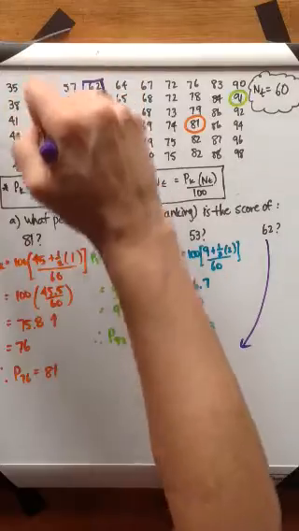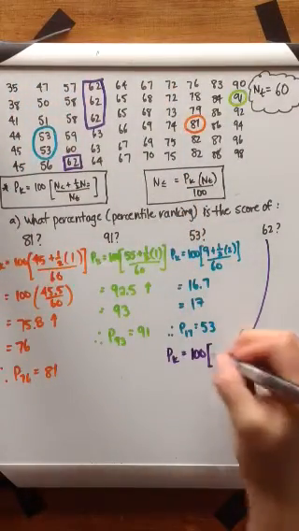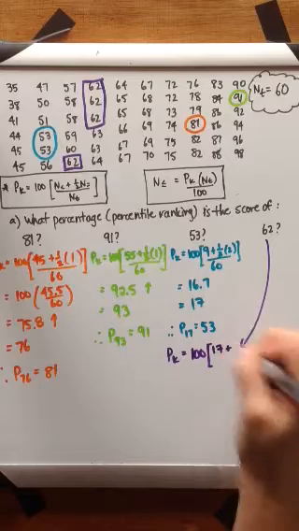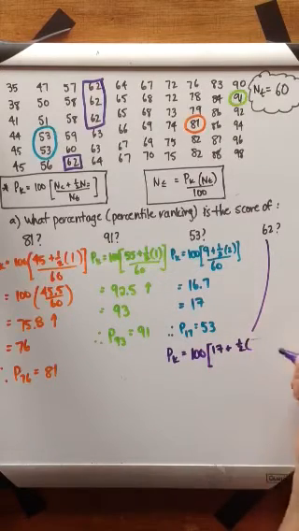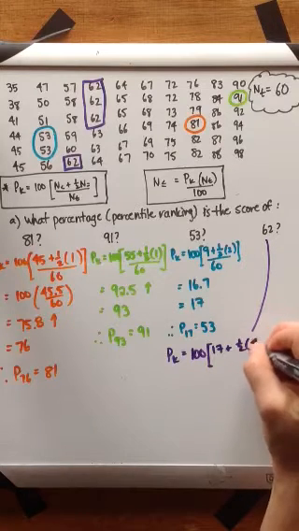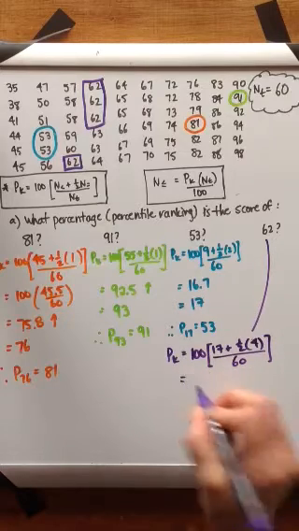Well, 6 and 6 would be 12, and another 5 would be 17. Plus a half times the number of data points that actually do have a value of 62. And this time there are 4 of them, divided by 60.